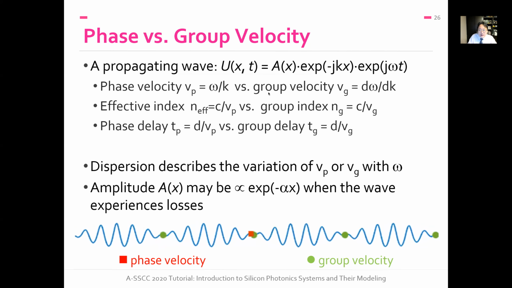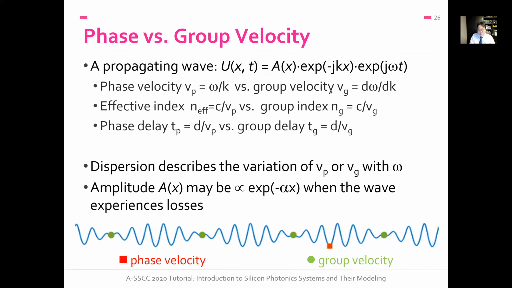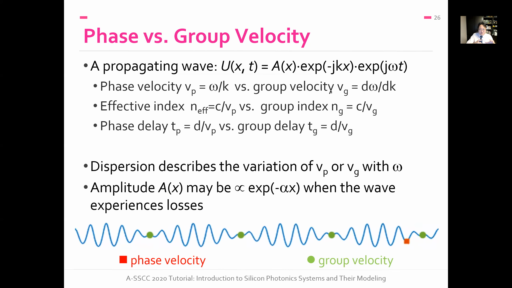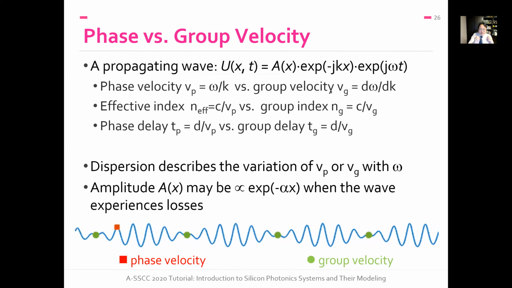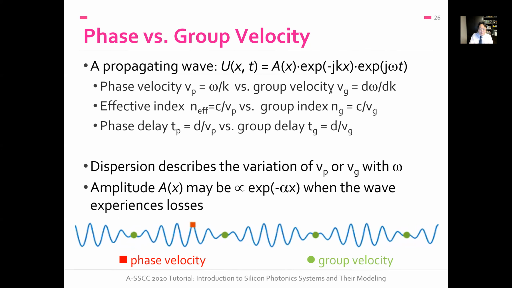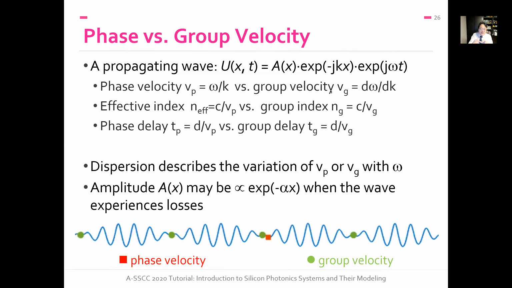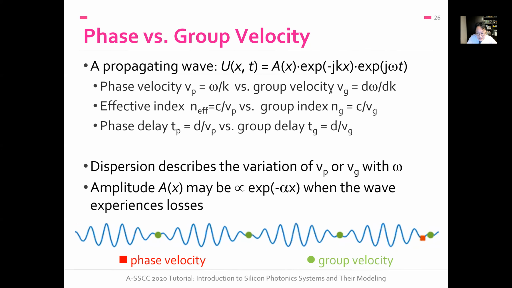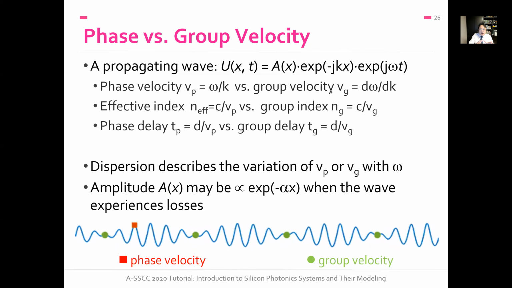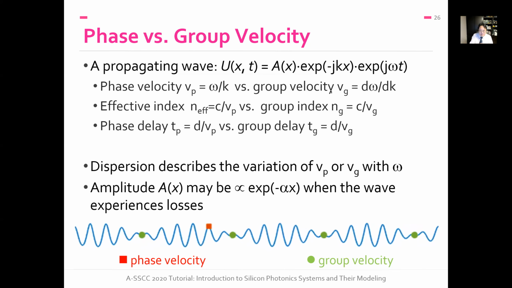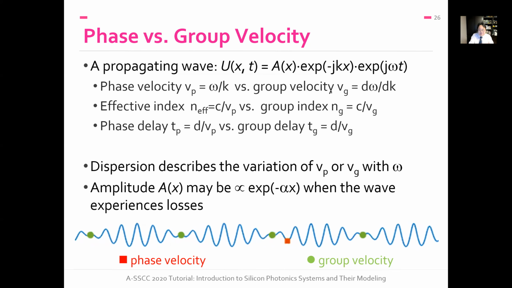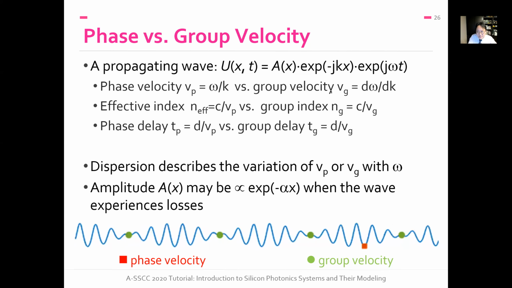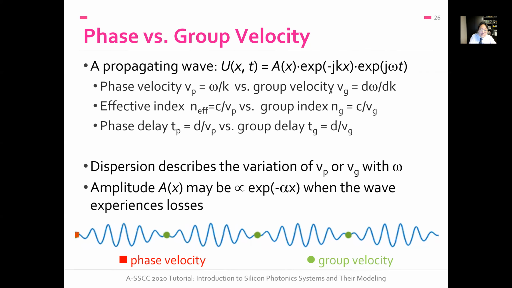But on the other hand, group velocity is not just a single frequency wave. It's more like a collection of waves centered around a given frequency. So with a group of waves that have slightly different frequency, you can propagate information.